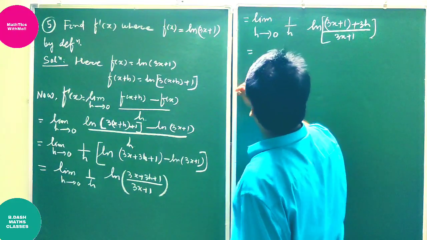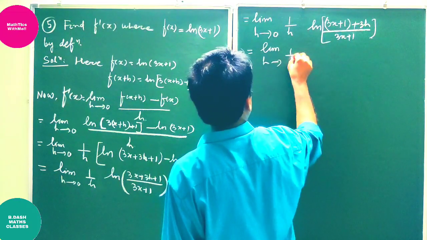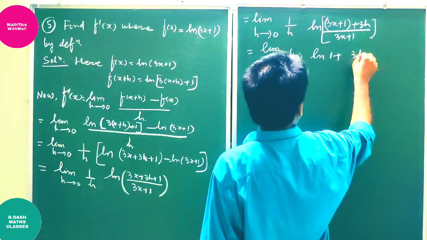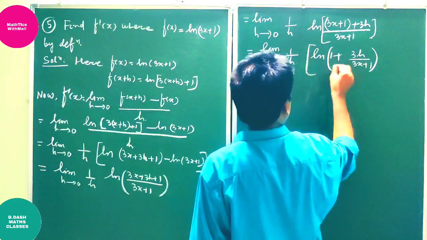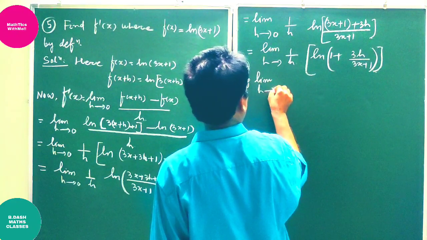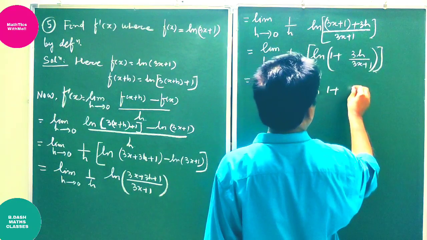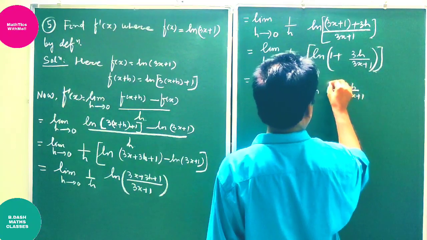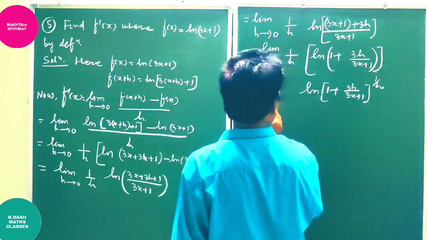So this is equal to limit h tending to 0 of 1 by h ln of 1 plus 3h by 3x plus 1. So this is equal to limit h tending to 0 of ln of (1 plus 3h by 3x plus 1) to the power 1 by h.